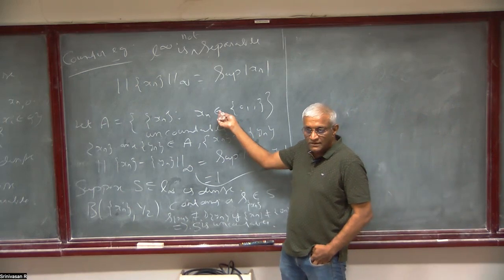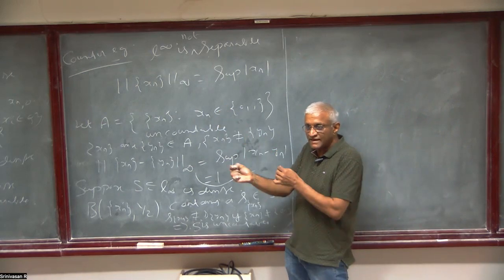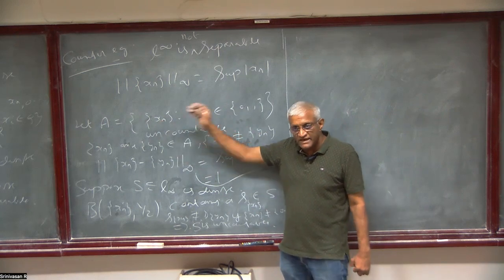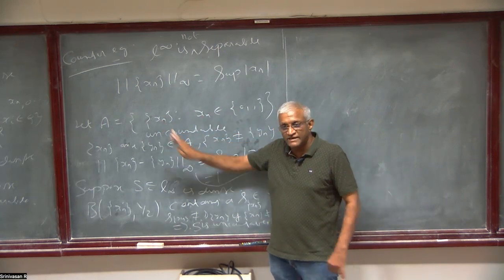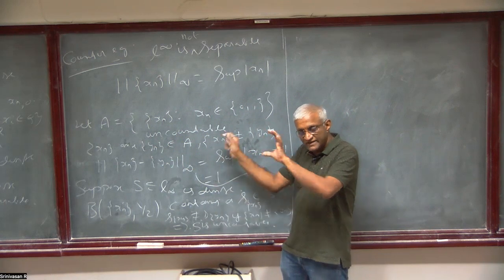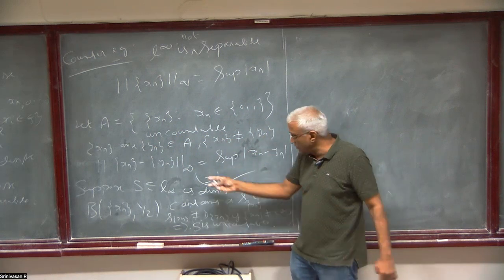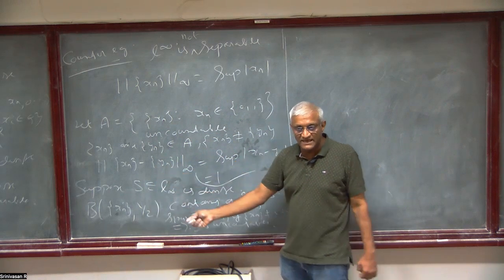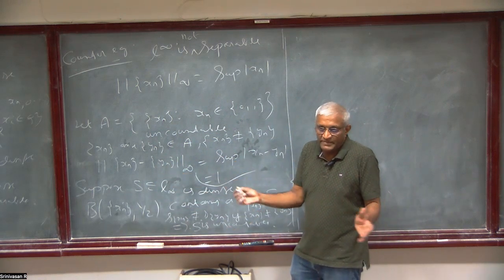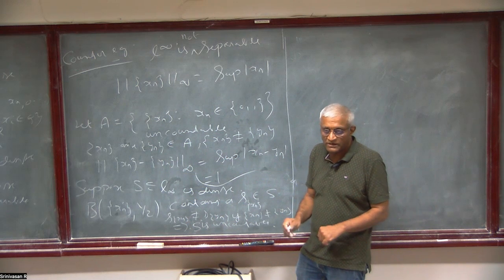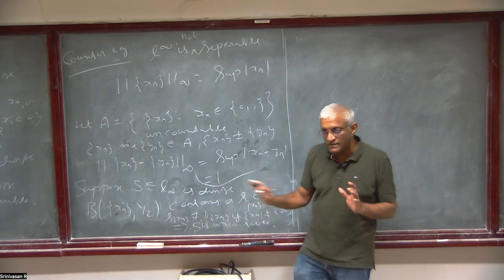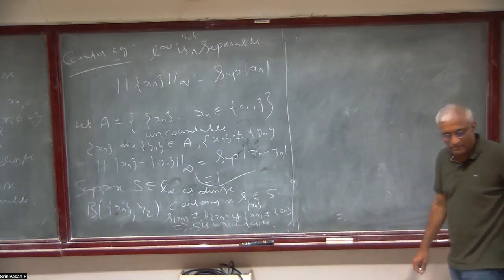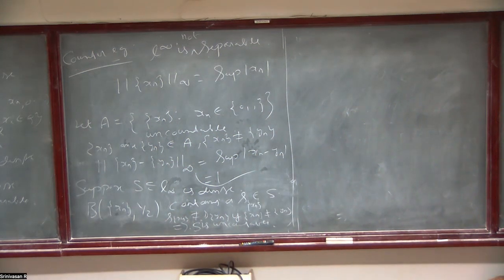This set is uncountable, and not just that, they have a fixed distance of 1 between them. So if you take an open ball of radius half around each element here, it will not intersect the open ball of radius half around any other. Since S is dense, you will find an element of S in each of those open balls, and they are different because they lie in different open balls. So S should be uncountable. That's why L infinity is not separable.